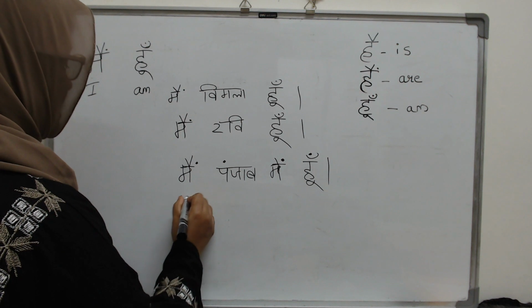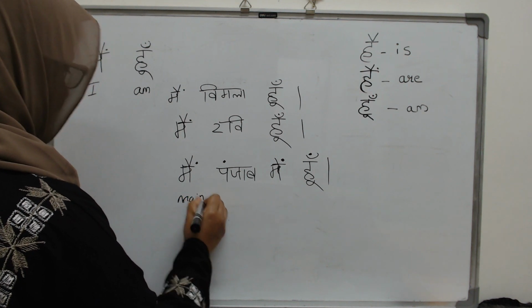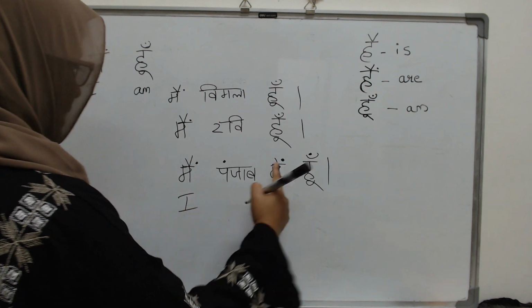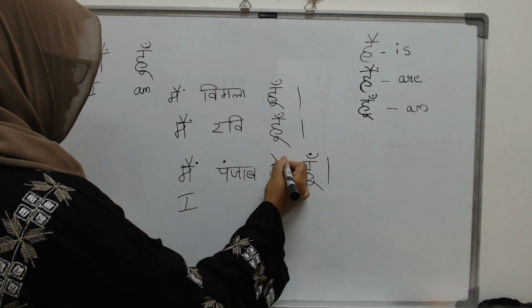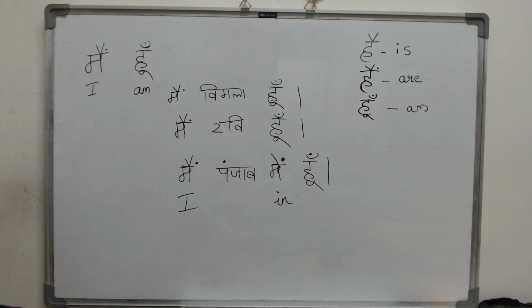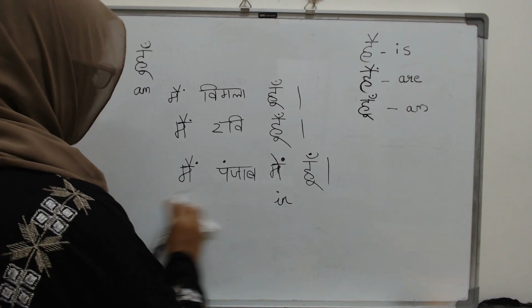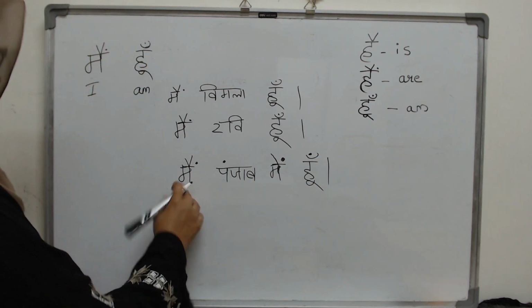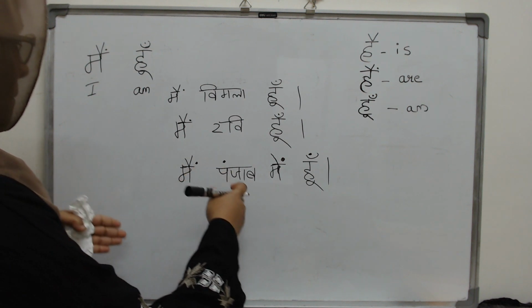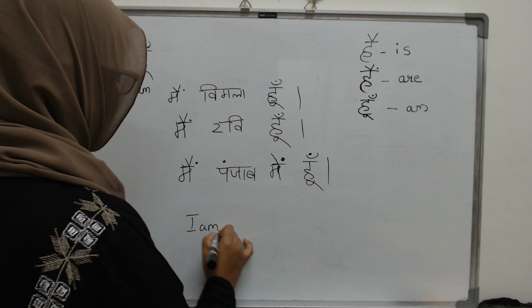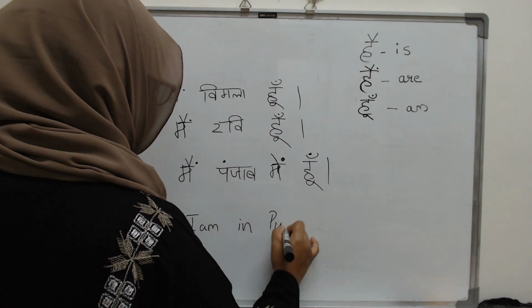This is pronounced as main with two lines, which means I. But this with just one line, mein, means in. The box is in the bag. The girl is in the bus. So people often make spelling mistakes and lose marks for that. This is main, which means I. Main Punjab mein hoon. It means I am in Punjab.